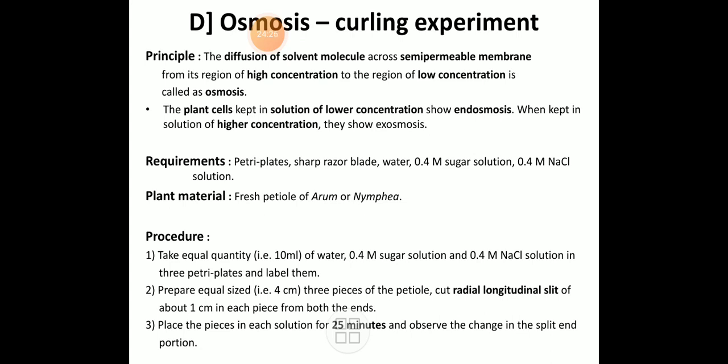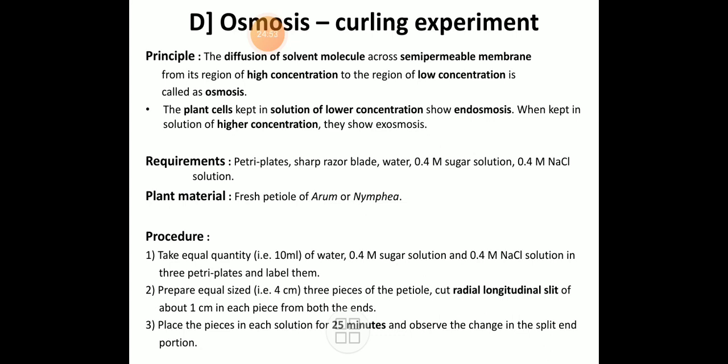In this special type, solvent molecules move across the semi-permeable membrane from a region of lower concentration to a region of higher concentration. Keep in mind, the diffusion of solvent molecules across the semi-permeable membrane from a region of lower concentration to a region of higher concentration is called osmosis.